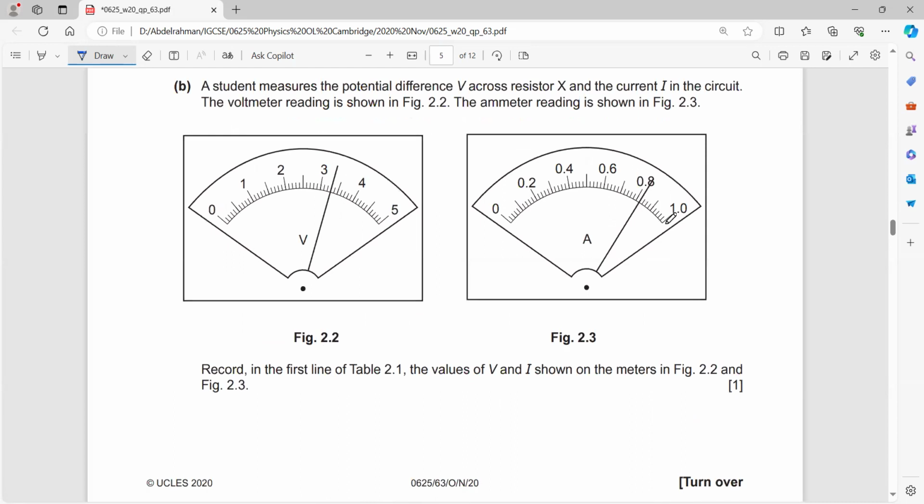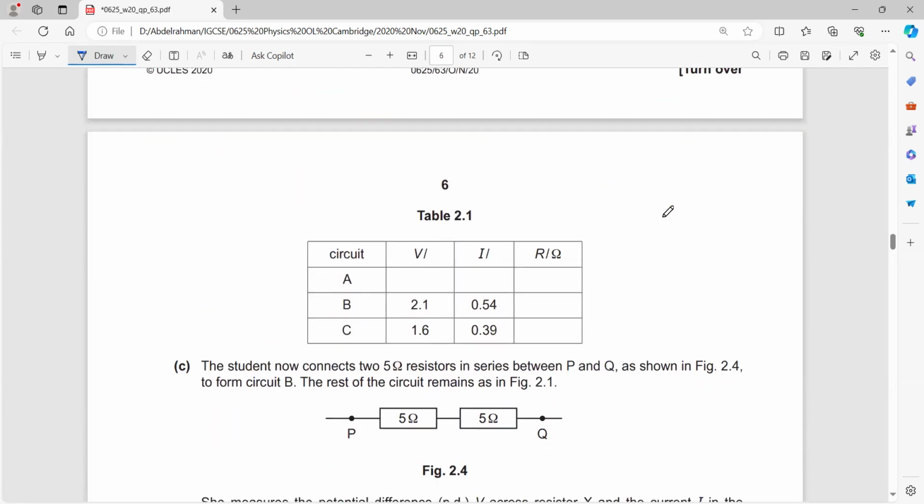The current? 0.82. So 3.3 and 0.82. Can I fill out the column headings? What's the unit of V? Voltage, and I? A.